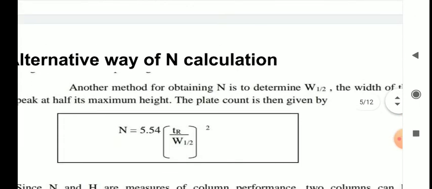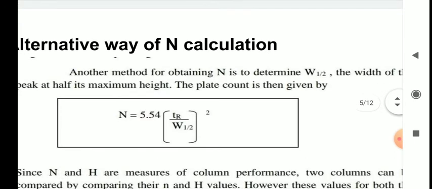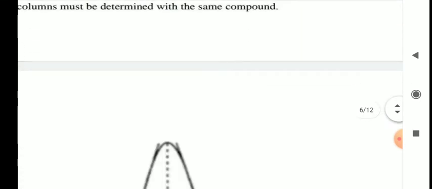An alternative way of calculating the plate number is by using the formula n is equal to 5.54 into (TR by W half) the whole bracket squared. Here we are making use of the half width of the peak. Instead of using the base width, the peak has a certain height.